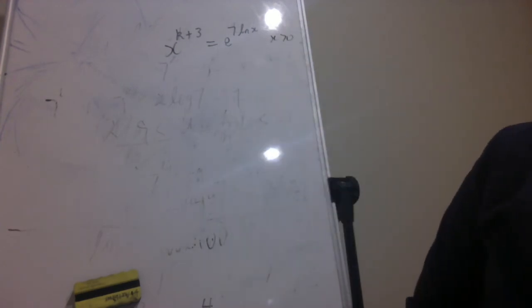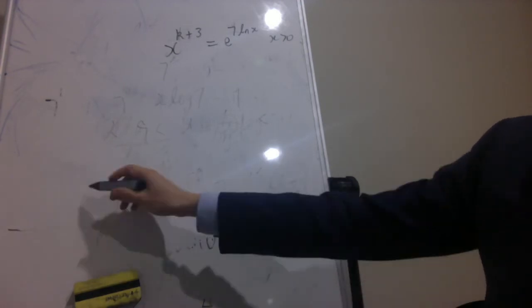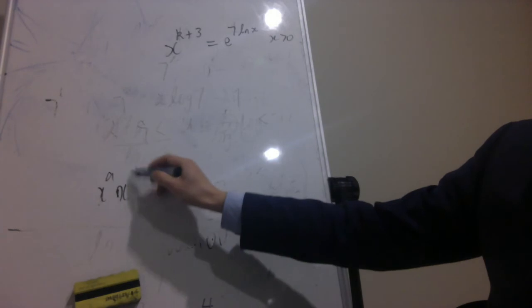Oh, I think you can do this one. This is quite similar to the other one. Do you remember the one with the a? There was like an x to the a times x to the 4.